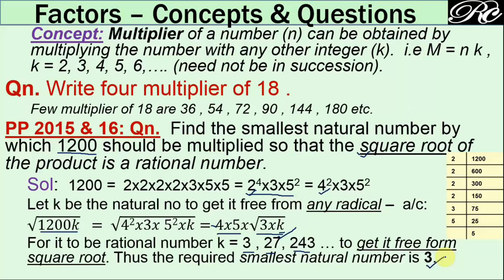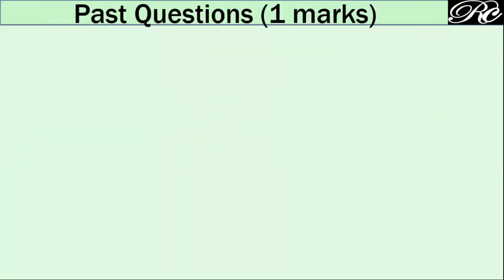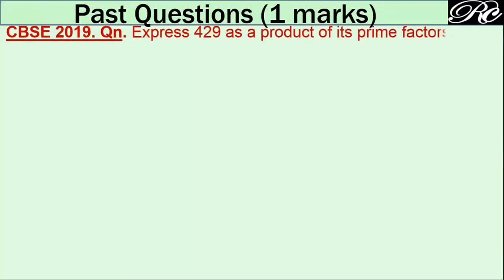So this was about our multiplier. Based on this concept, various 1 mark questions are framed and asked in examination. So one of the questions which was asked in 2019 is, express 429 as the product of its prime factors. So you go for the factorization of 429. Here you are getting that 429 is divisible by 3 because 4 plus 2 plus 9 becomes 15, and 15 is divisible by 3.